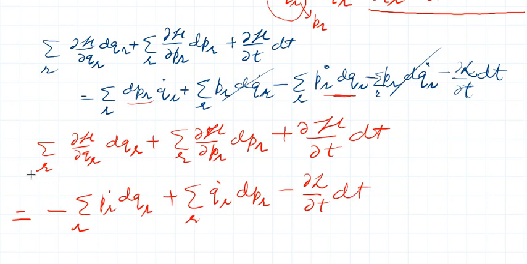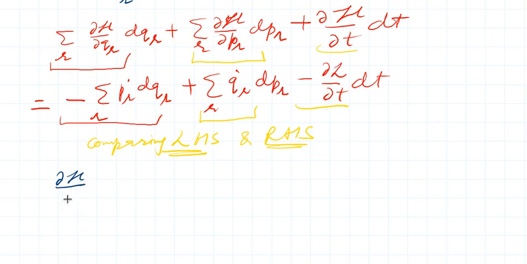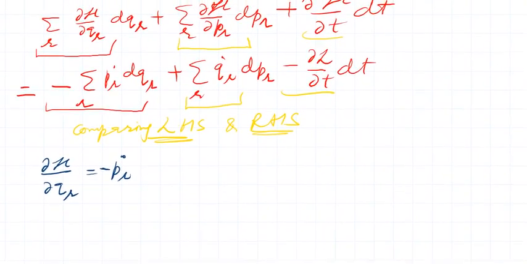If I compare the left-hand side and right-hand side, this part is sitting in place of this part, and similarly for the others. So what I am getting is that curly H upon curly QR is equal to minus PR dot, and similarly curly H over curly PR is equal to QR dot.